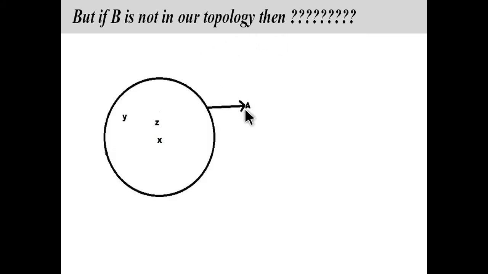Now, what happens if B is not in our topology? Then we have only set A, and these 3 points belong to A, and we cannot decide that z is closer to x than y because we do not have B in our topology.